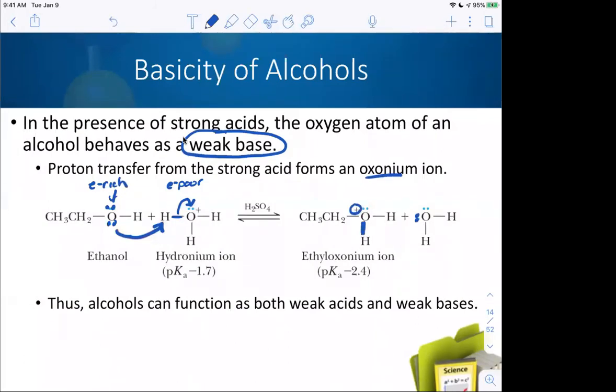This is an oxonium ion, which has a positive charge. So these are amphoteric molecules or amphiprotic, whichever you want to call it, depending on what your general chem book called it. And alcohols can function as both weak acids and weak bases depending on the conditions, very similar to the water molecule.